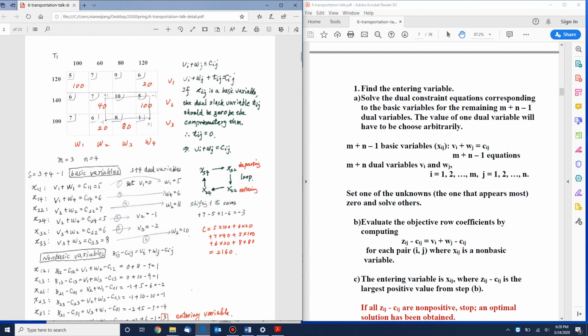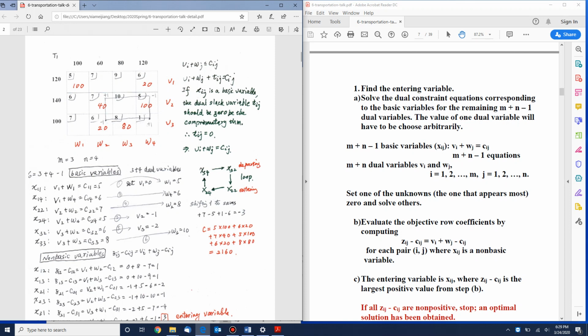And for each basic variable xij, we have an equation Vi plus Wj equals Cij. We know the value of Cij, right? So in this way, we will have 6 equations about those 7 dual variables, just Vi plus Wj equals Cij. And we want to use these 6 equations to solve those dual variables.